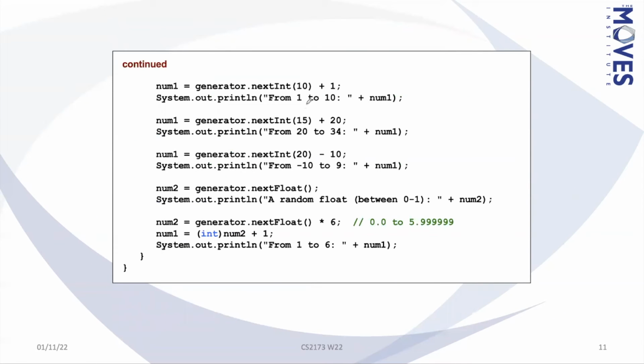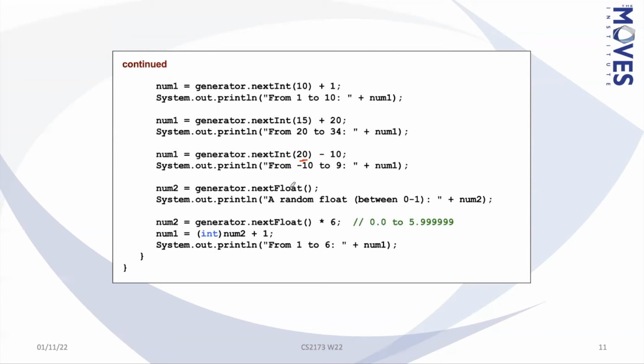Okay, so if we want one from 1 to 10, we simply add 1 to it. If we want one from 20 to 34, again, we can sort of see that. Since nextInt with an integer upper bound produces a value between 0 and that upper bound minus 1, we can then adjust it to have any range that we want.